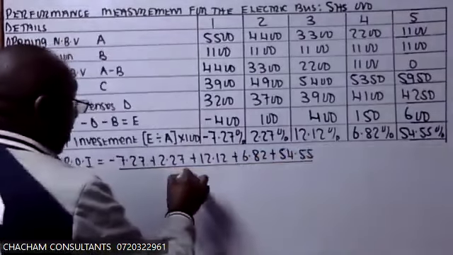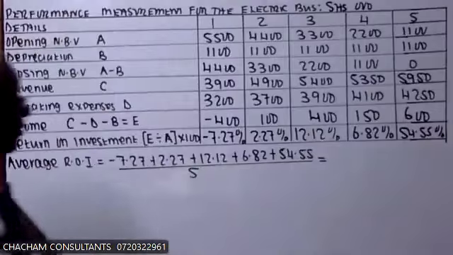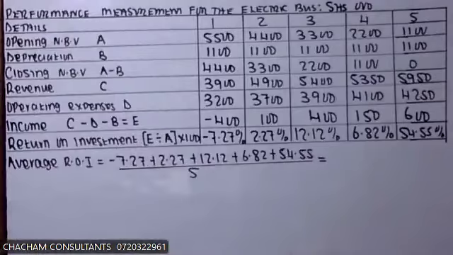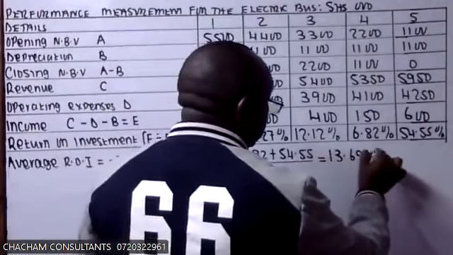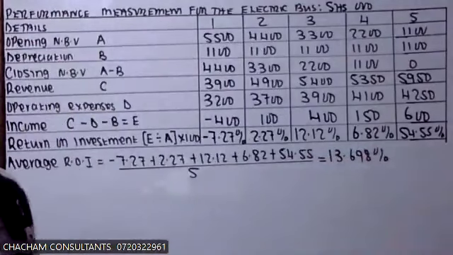Now this one, you divide it by 5. 13.698%. Something around there.